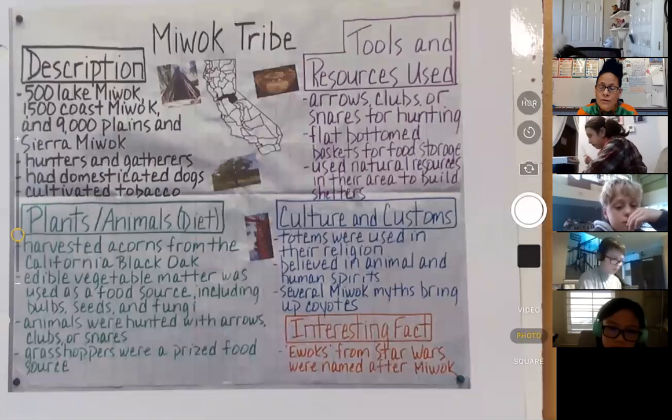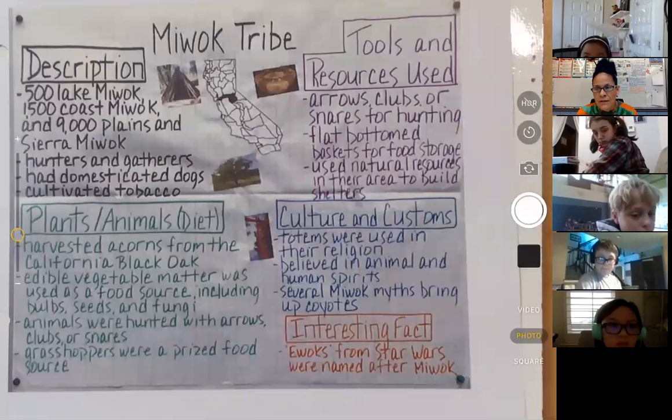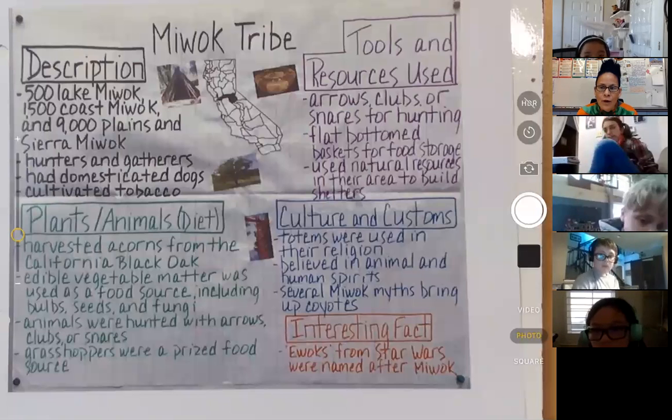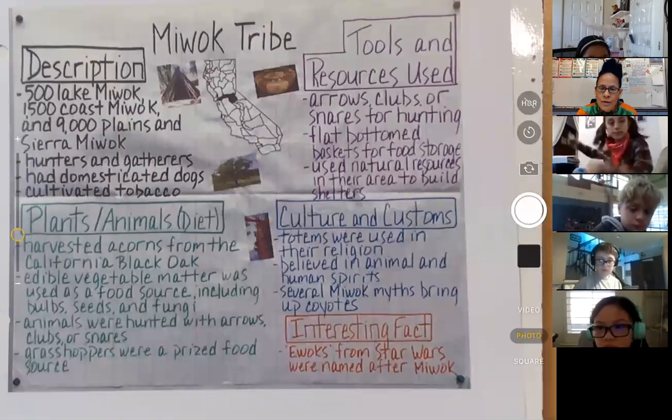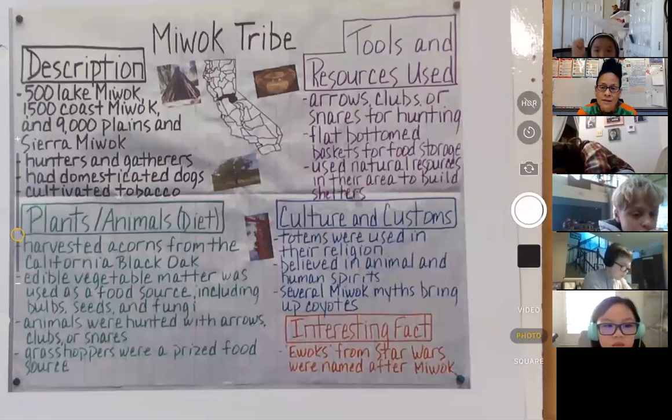And then under interesting facts, there was one that I found very interesting. I know I have a few Star Wars fans in the class. So for those of you familiar with Star Wars and with the chapter Return of the Jedi, there are animals known as Ewoks in Star Wars.